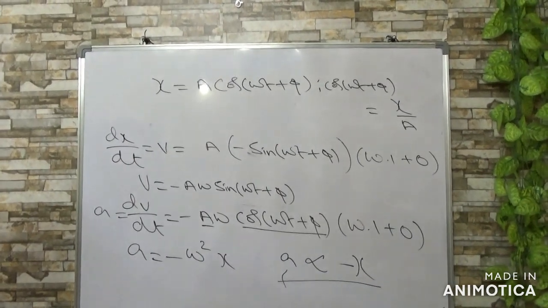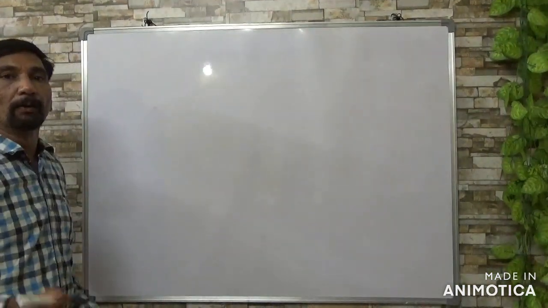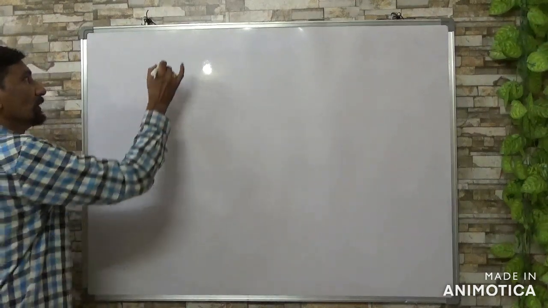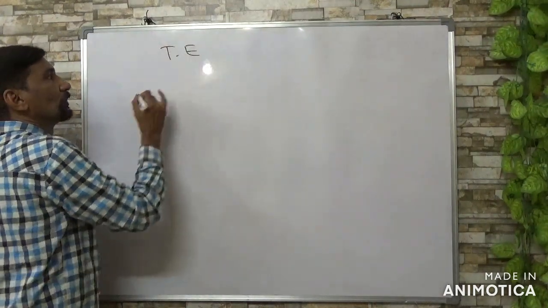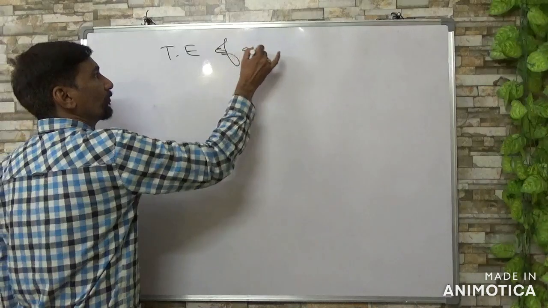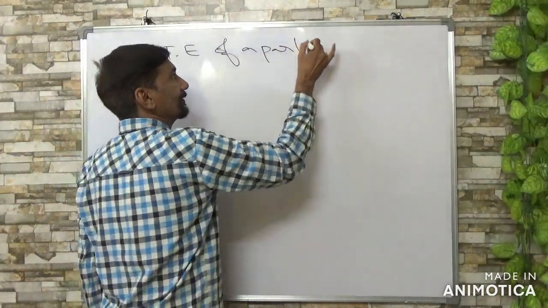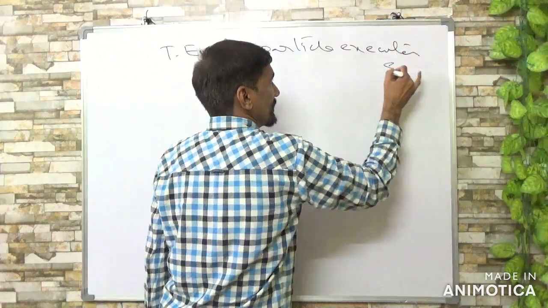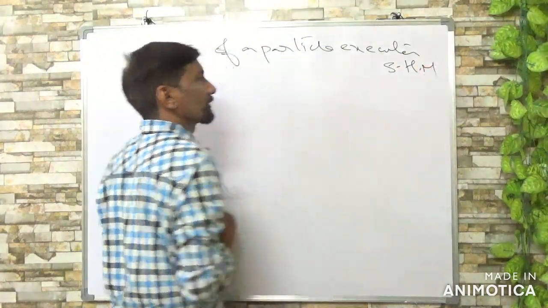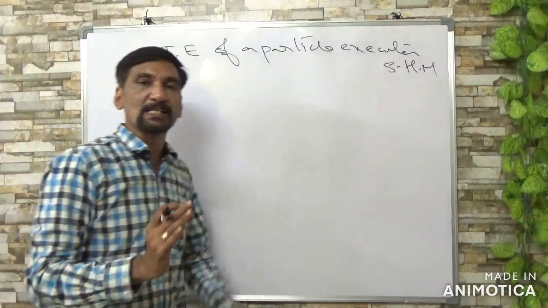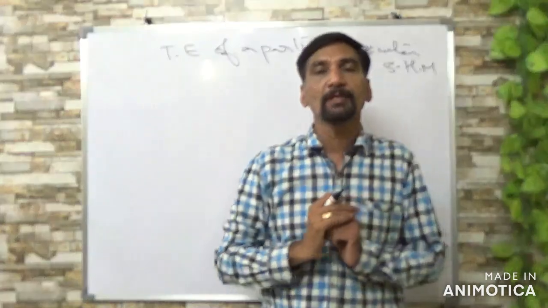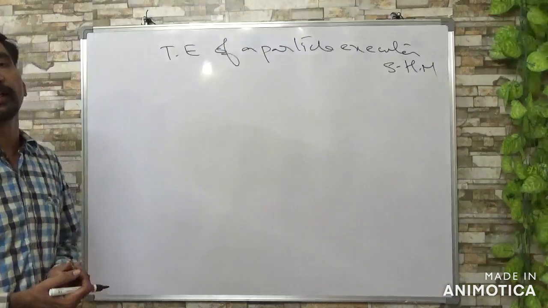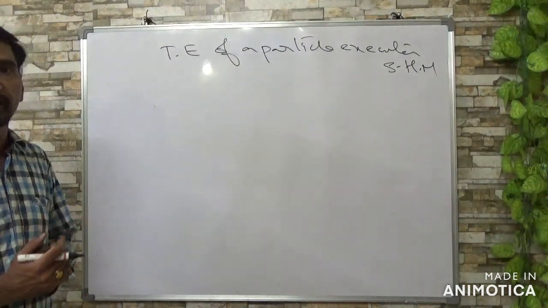Now about the energy of a particle which executes SHM. We are going to derive the total energy of a particle that executes SHM. So you know, the displacement of a body executing SHM is given as x equal to A cos omega t, otherwise you can take A sin omega t also.